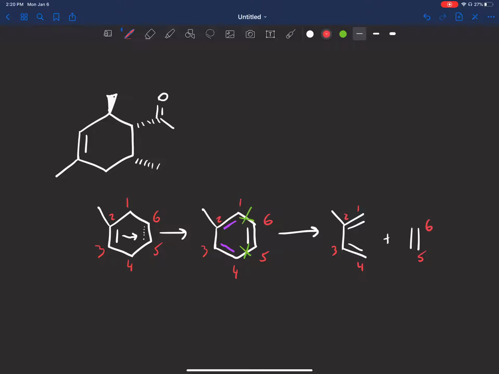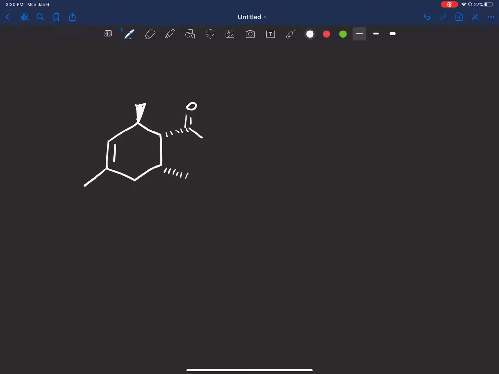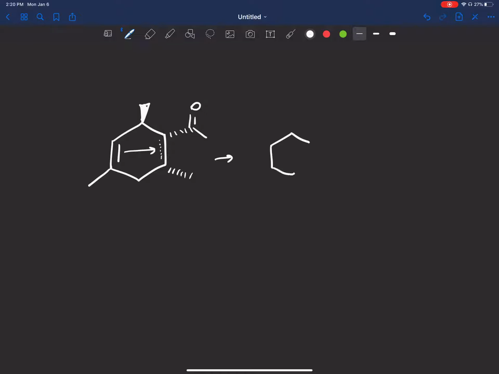Now let's do it in an actual problem just so it can make sense. So here's our Diels Alder product. First step, shift that double bond to the other side. That was a really bad ring. Here's that double bond.